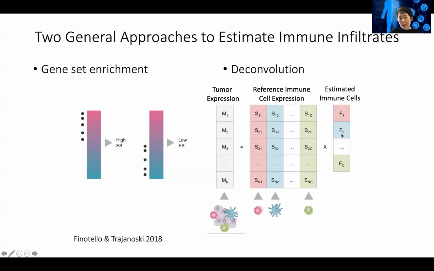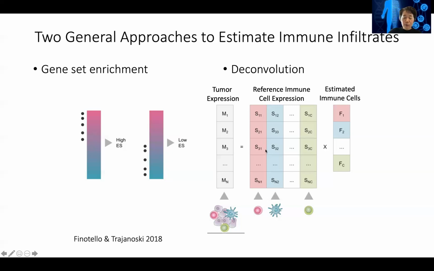This estimation of the abundance is what you try to do. You estimate this so that at this proportion of T cells, this proportion of dendritic cells, or this proportion of macrophages, you will have the final expression that's observed in the tumor. And so this is a deconvolution type of approach.